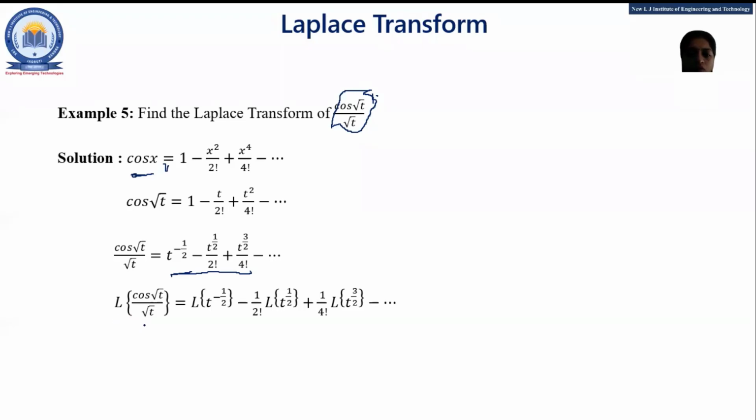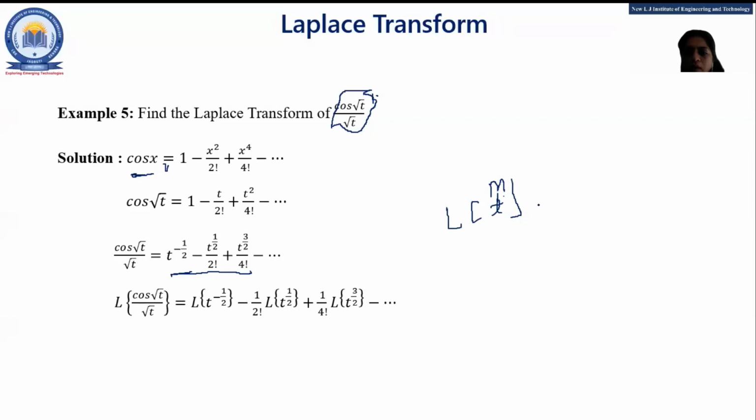So Laplace of cos root t upon root t is equal to Laplace of t raised to minus 1 half, minus 1 by 2 factorial Laplace of t raised to 1 half, plus 1 by 4 factorial Laplace of t raised to 3 by 2. Now here we have to apply the Laplace of t raised to n formula.